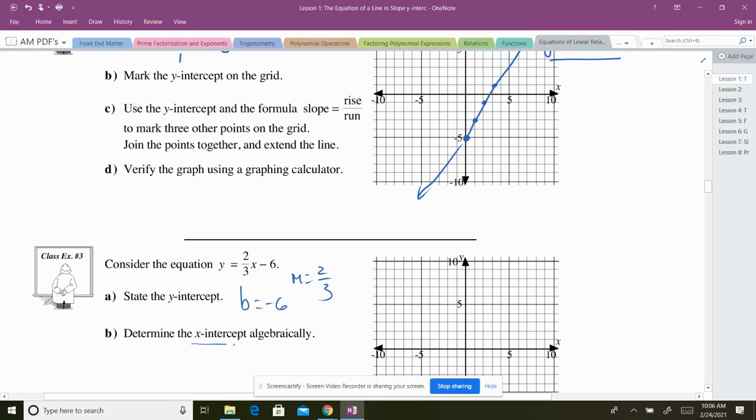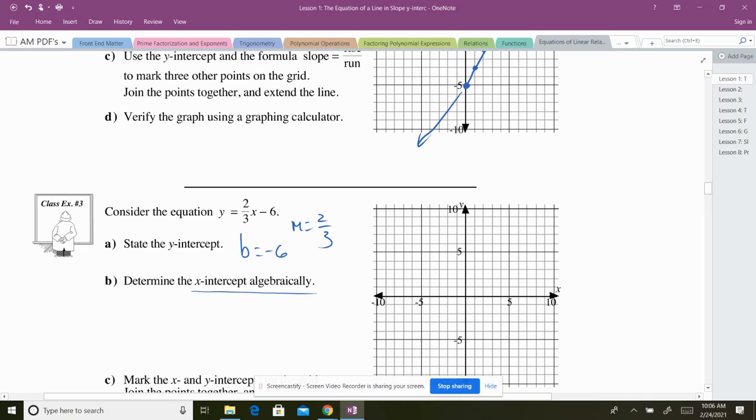Okay, they want us to figure out the x-intercept. What's the value of y at the x-intercept? 0. y is equal to 0. So I put 0 in for y.